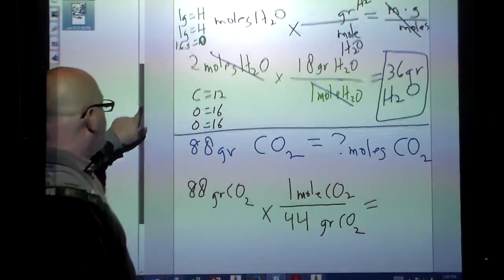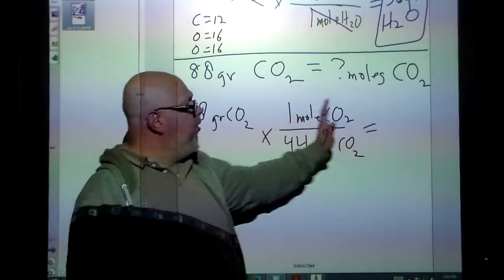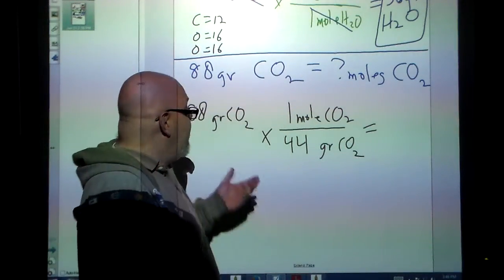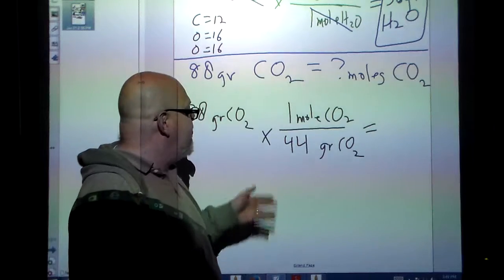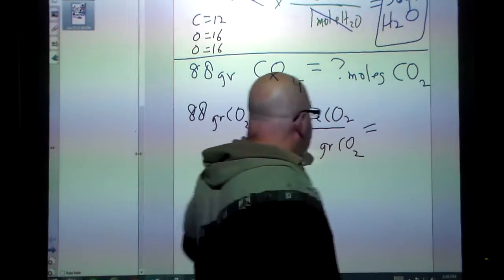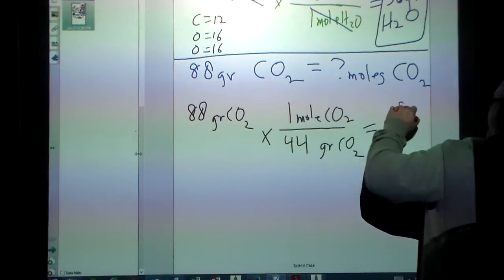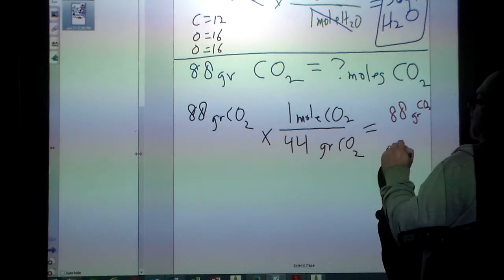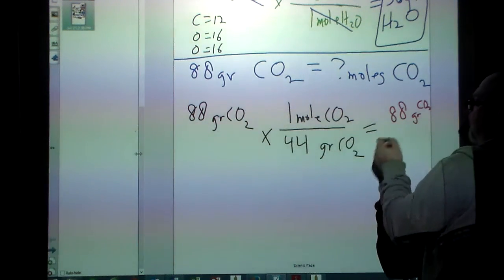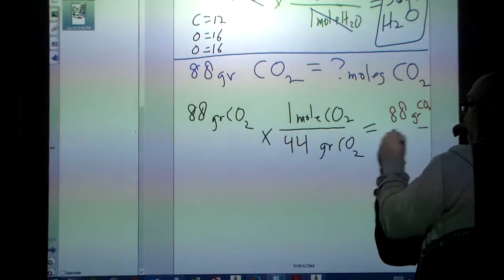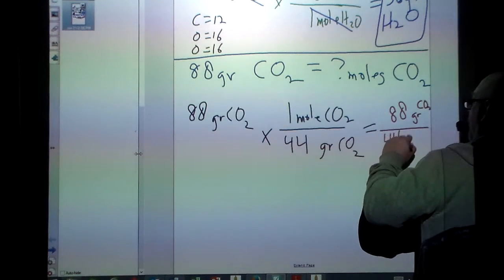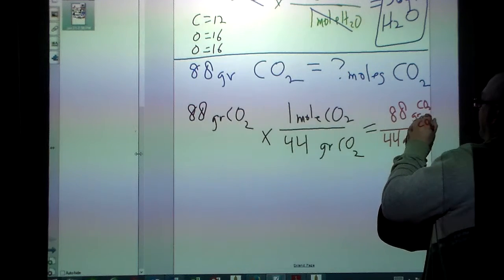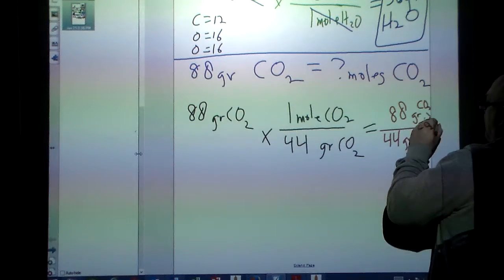Boom. Over here, I also am multiplying straight through, but in the end, I'm going to get 88 divided by 44. So I'm going to have 88 grams of CO2, okay, times 1 mole over 44 grams of CO2. I'm just multiplying out my units.